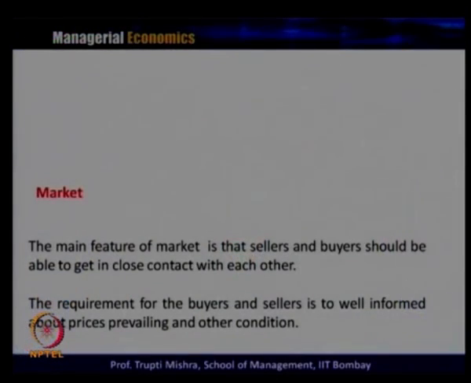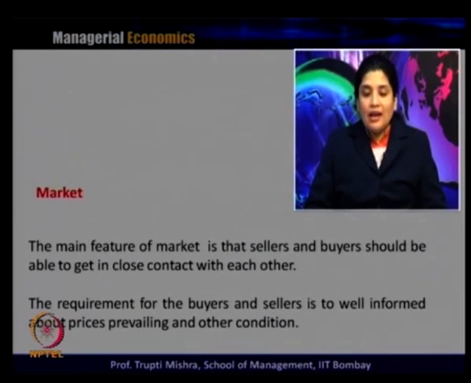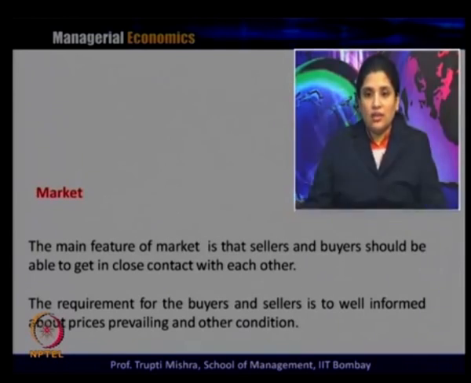So, the main feature of market is that sellers and buyers should be able to get close contact with each other, and the requirement for the buyers or sellers is to be well informed about the prices prevailing and other conditions.